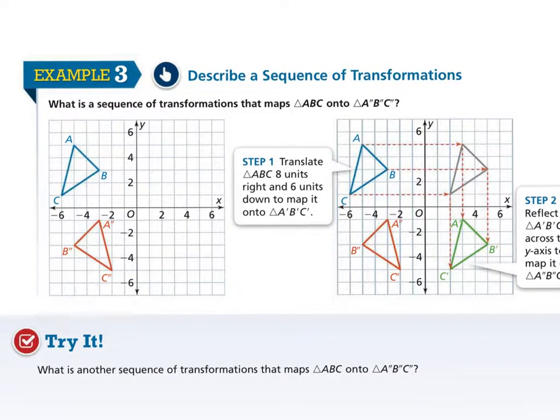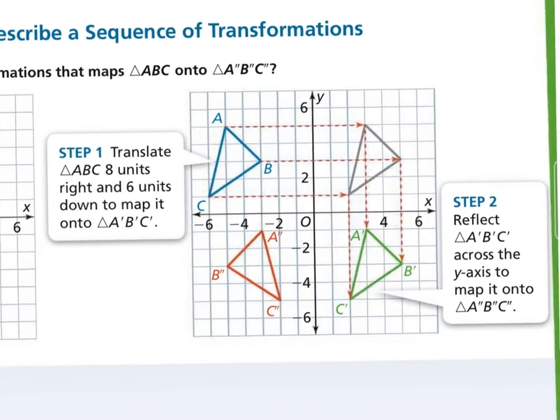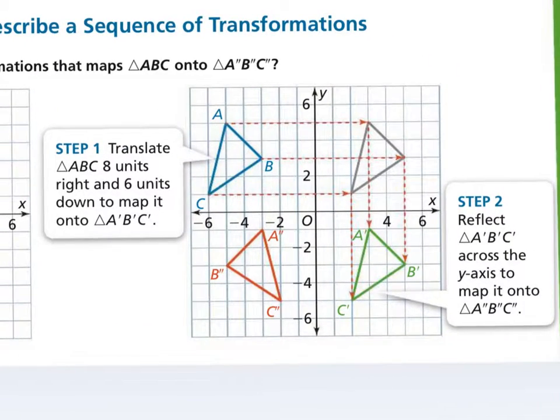What the book's saying is we're going to translate this 8 units to the right and 6 units down, and then we're going to reflect it.